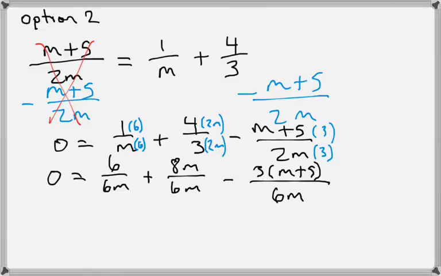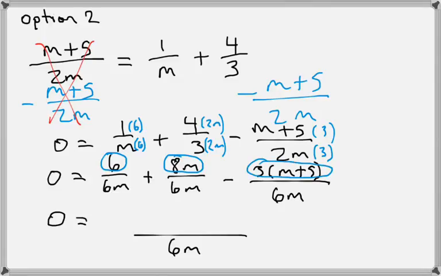Now we have a common denominator among all three of these, so it's going to stay, and we're going to end up with one fraction. We are then going to take all of this numerator plus all of this numerator minus all of this numerator. So we have 6 plus 8m minus 3 times (m + 5).